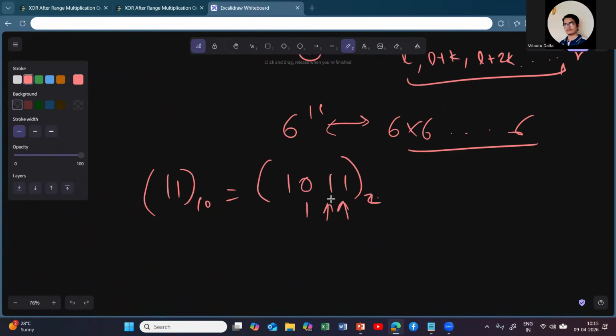Whenever you get a set bit, you keep multiplying 6, like 6 square, 6 cube. You just keep multiplying like this. And whenever a 1 is there, you just take those values.